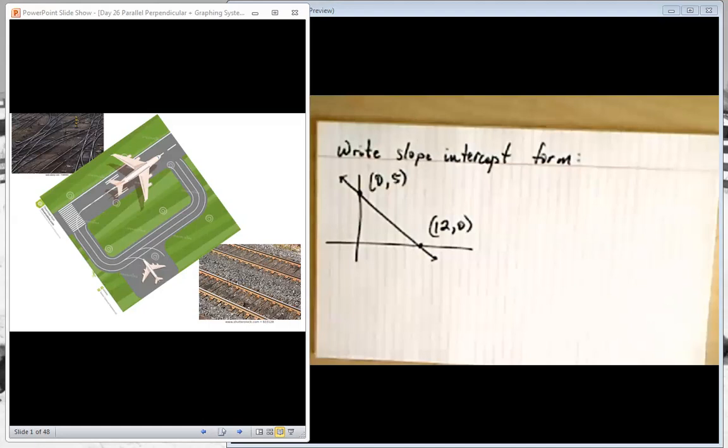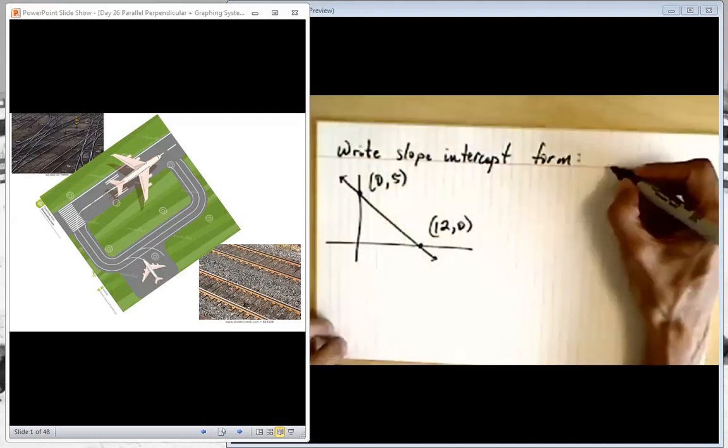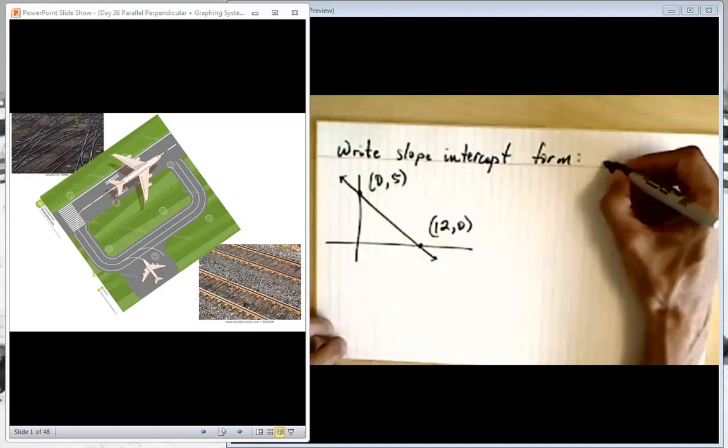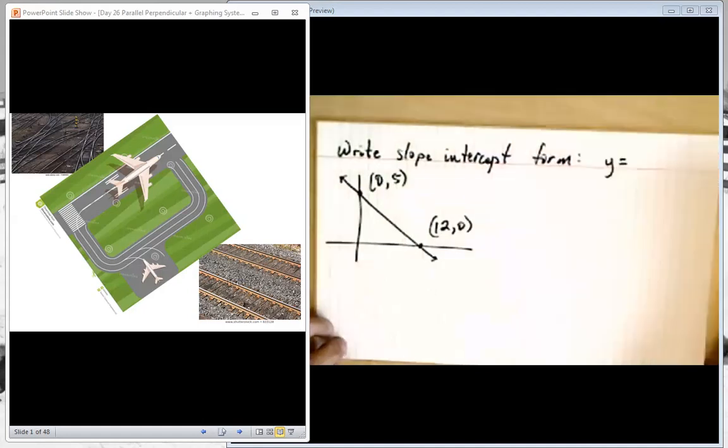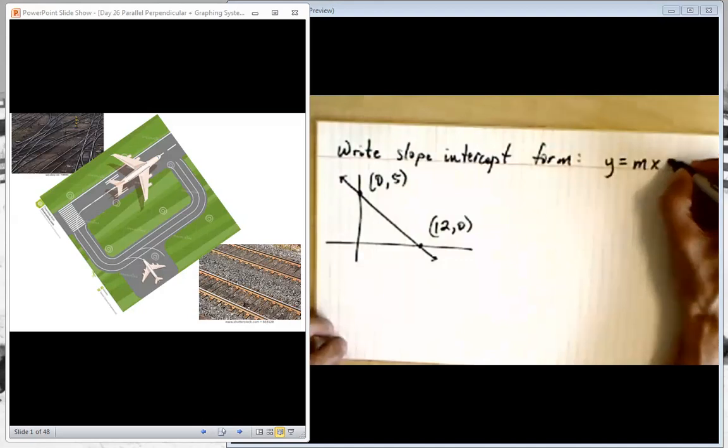So help me out, good people. What style is this to begin with? Yeah, it's the y equals one. Nice. mx plus b it is.